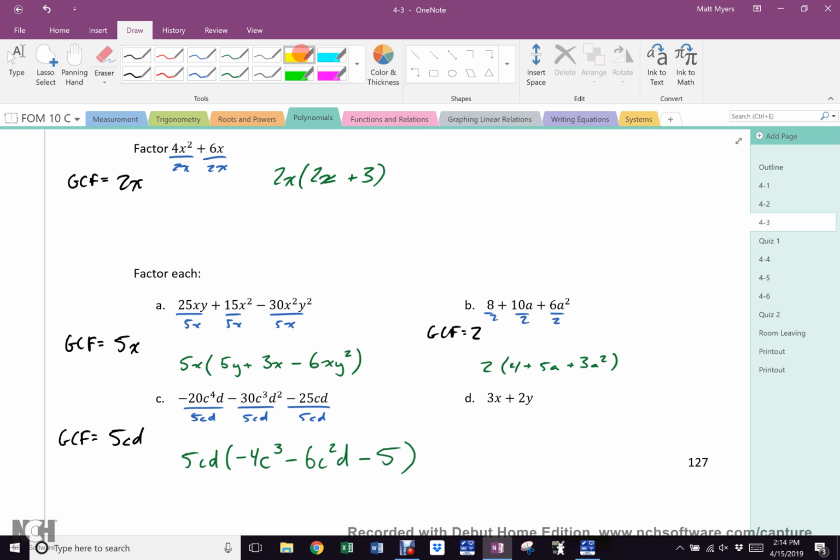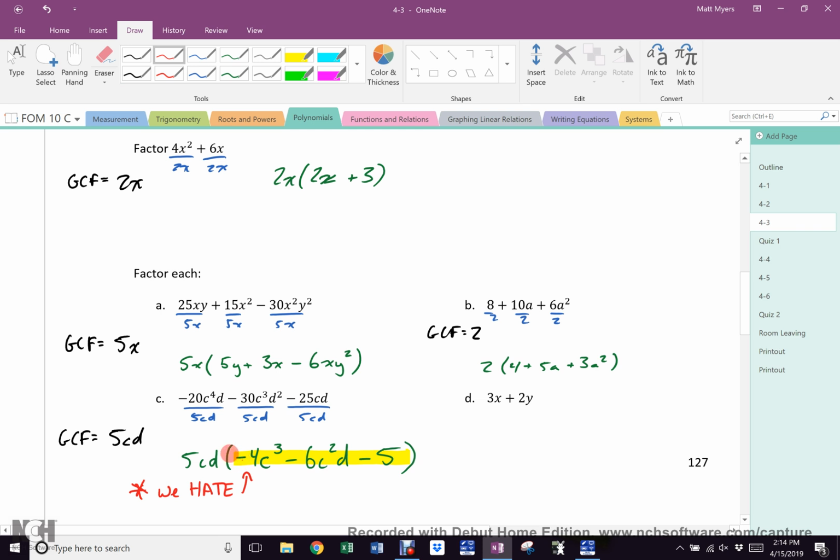Because all of you are going to say that is done, and you are technically correct, because 5 is the greatest common factor there. But, put a little asterisk. We hate this.